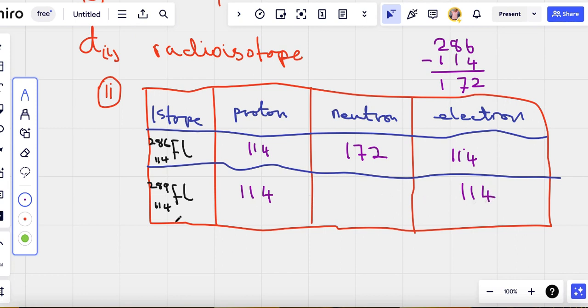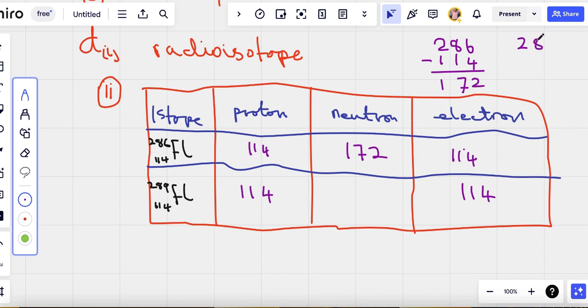The neutrons is 289 now, minus 114. So we can do the arithmetic here. I think it will be 175, because if 286 minus 114 is 172, then 289 minus 114 will be 175.